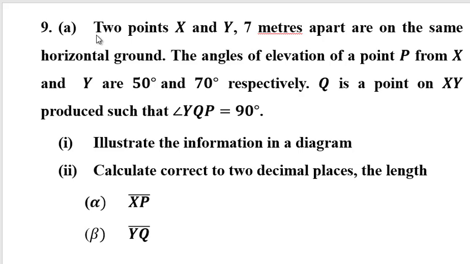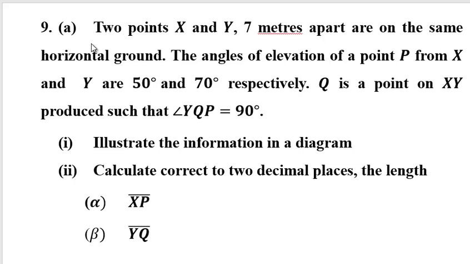A. 2 points X and Y, 7 meters apart, are on the same horizontal ground. The angles of elevation of a point P from X and Y are 50 degrees and 70 degrees respectively.